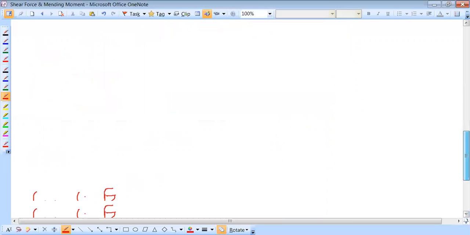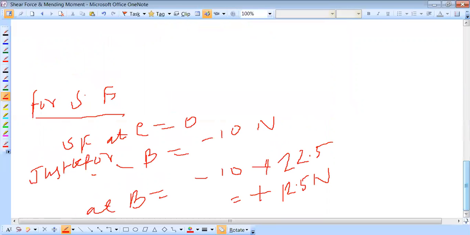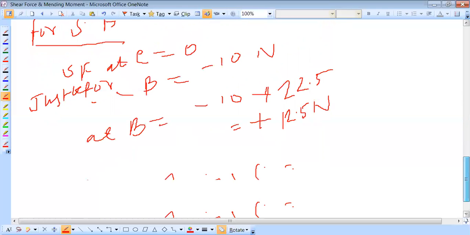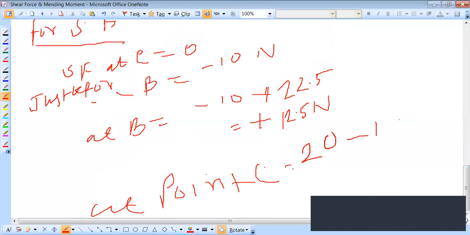Then it's 20 minus 12.5 at point B, which is positive.